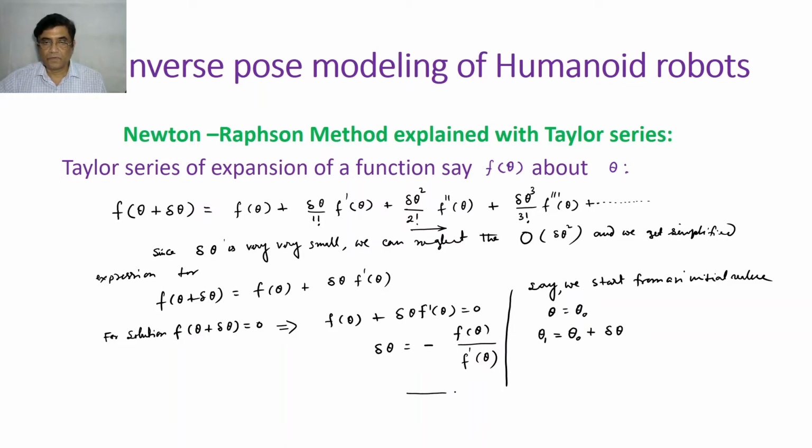So if I call it 1 and if I call it 2, so 2 can be rewritten from 1. So from 1, what you are getting is the following: theta equals theta 0 minus f of... Okay.